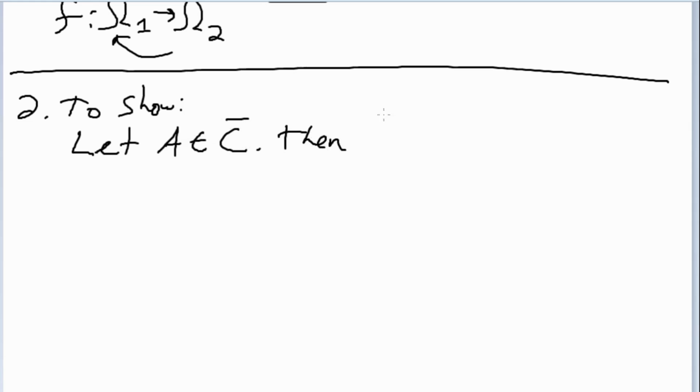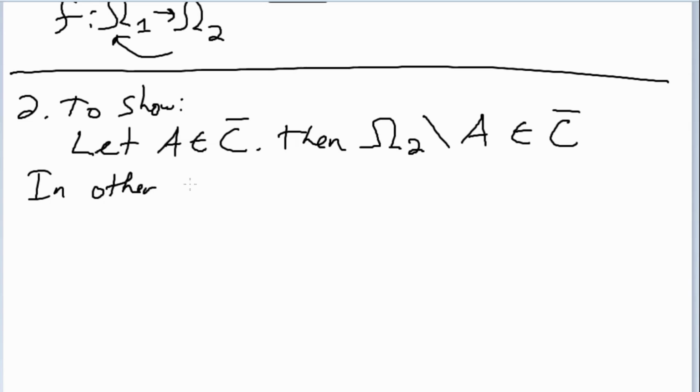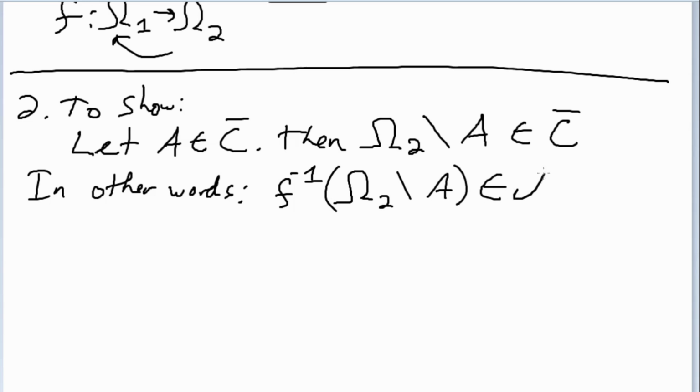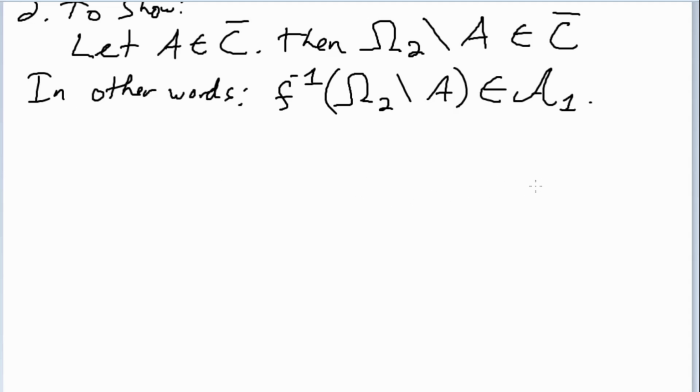Then what we need to show is that omega 2, let's say without A, is still in C bar. And again, if we think about the meaning of C bar, then we could say this. In other words, the pre-image, now this is just the thing that has to be true in order for this to be in C bar, the pre-image of omega 2 without A is in A1. Okay, so that's what we want to show.